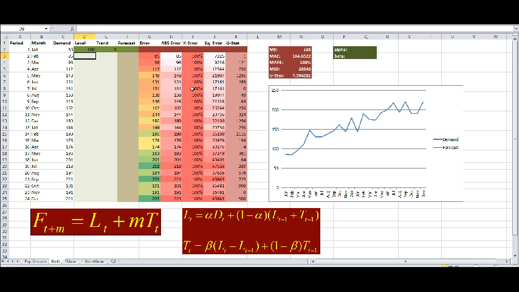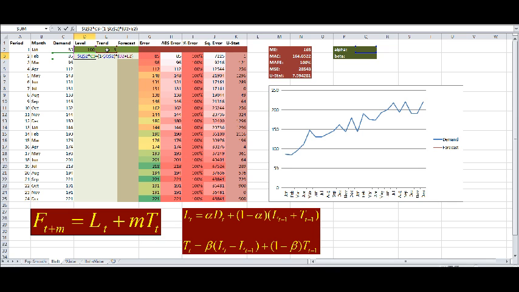So the formula for level basically is alpha times the demand time t, which is right here, plus 1 minus alpha multiplied by the level at t minus 1, which is the 100 we just guessed here, plus the trend at t minus 1, which is the 3 that we just guessed.